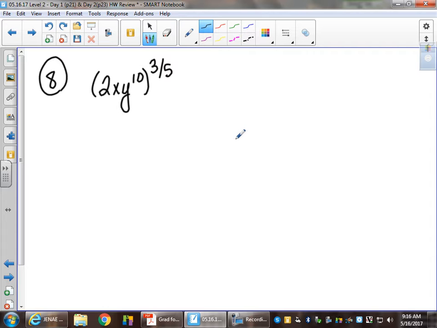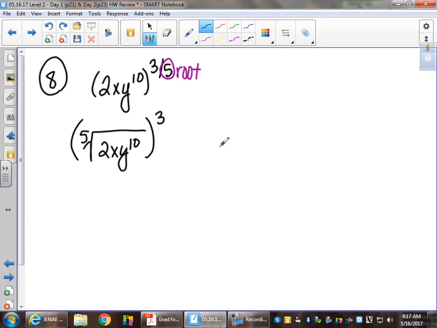What is the root and what is the power? So start here. So it's 5th root of 2xy to the 10th raised to the 3rd power. And that's it. That's it for number 8.